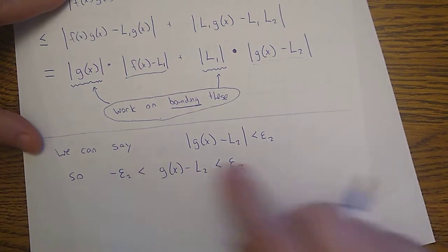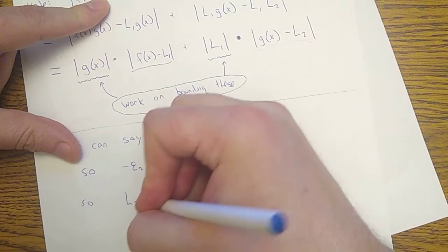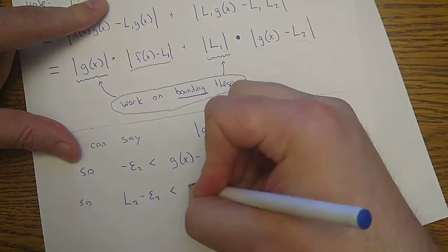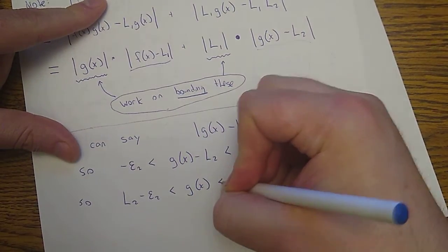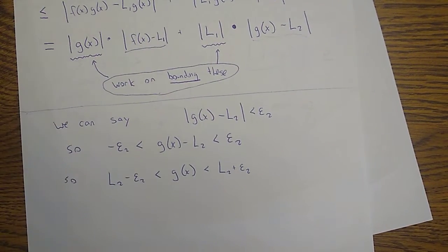And then I can add L2 to everything. So this tells me basically how small g of x could be and how big g of x could be.